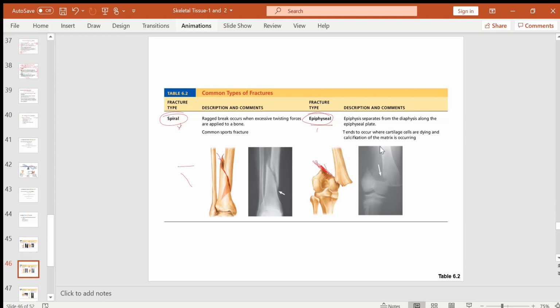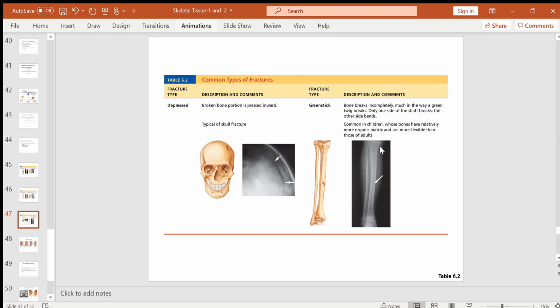Depressed fracture, if after the fracture the broken piece of bone inverts into the deeper tissue, that is depressed. Like if something falls on your head, the broken piece of skull will go inside, towards the brain, that is depressed.